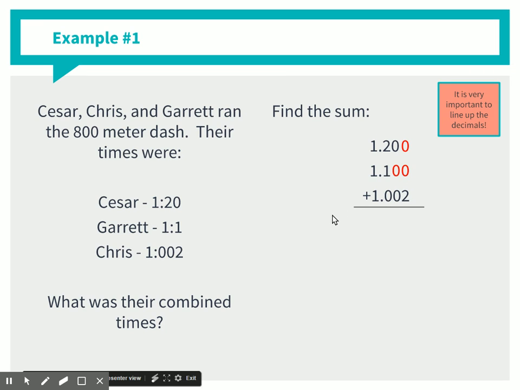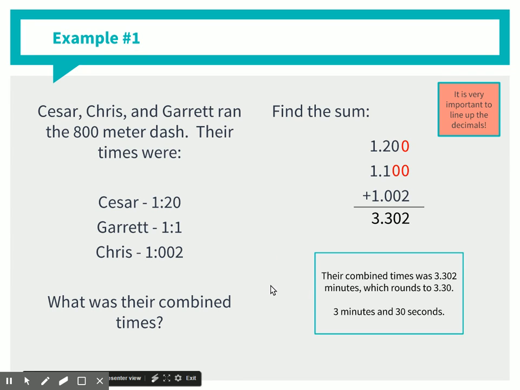So when we add these numbers up, which is very easy, we just get 3.302, which says that their combined times is going to be 3 minutes and 30 seconds. Now, obviously, we don't want to leave it as 3.302 because that's not what time looks like. It would look like 3 minutes and 30 seconds.